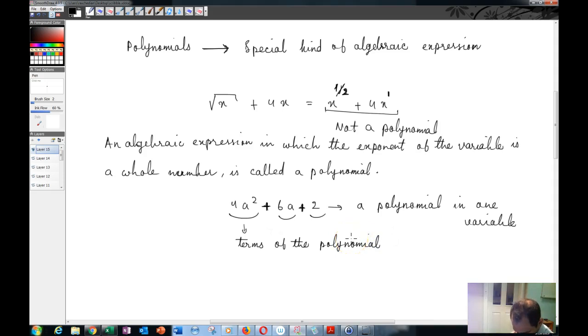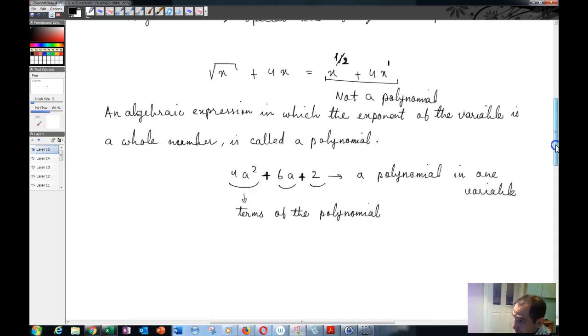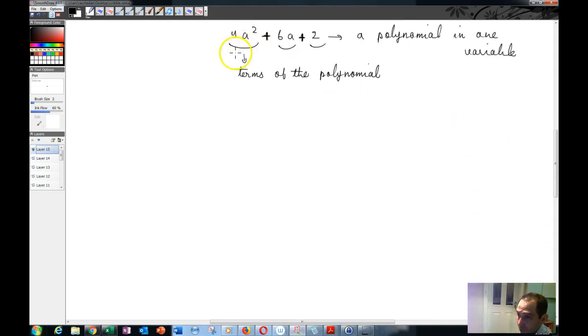Okay, and then when you get into the different terms of the polynomial, for example 4a squared, as we discussed before, is a term of the polynomial. This term has different parts. You have a constant multiplied by the variable raised to some power.